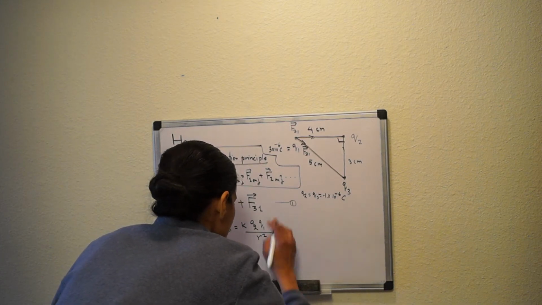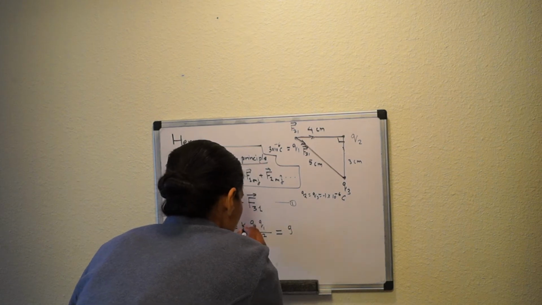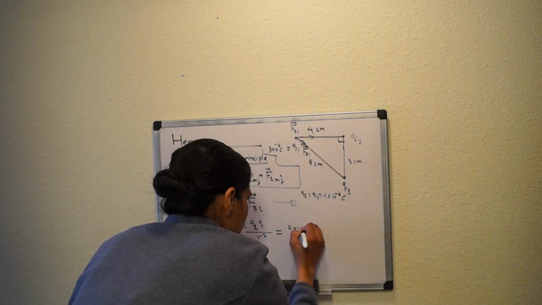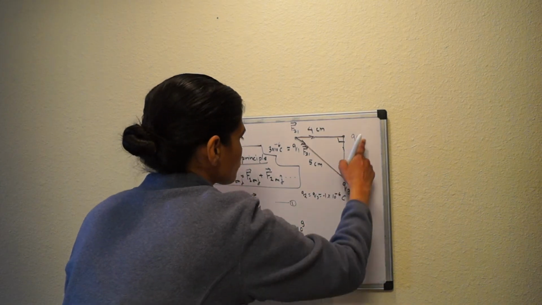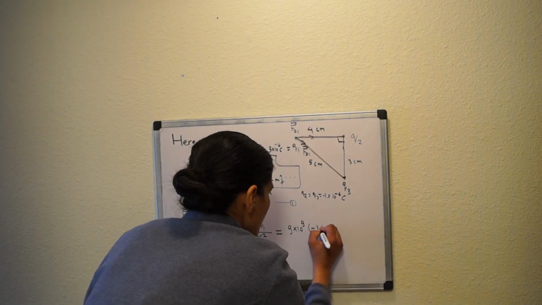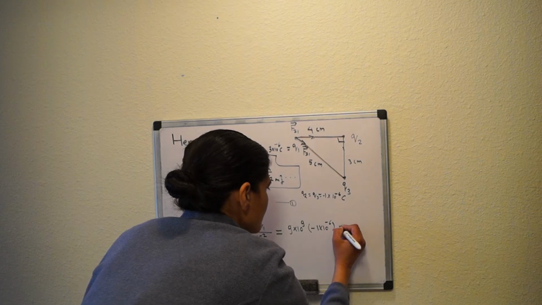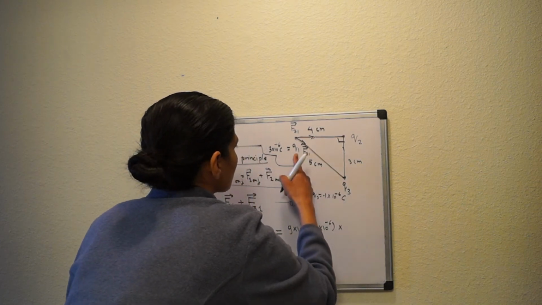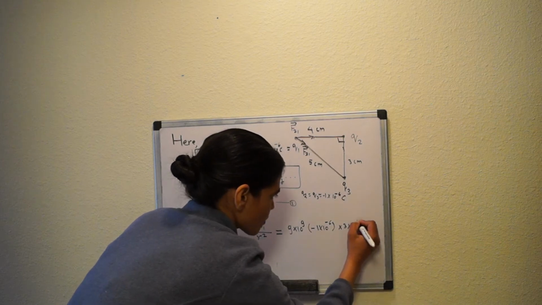Let's just write down the values. We have k, the value of the Coulomb constant, which is 9 into 10 to the power 9. Q2, what is the value of Q2? Q2 is the same as Q3, which is minus 1 into 10 to the power minus 6, times Q1. What's the magnitude of Q1? Charge is 3 into 10 to the power minus 6.